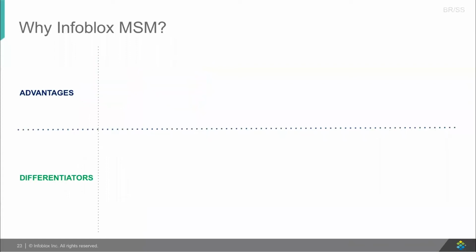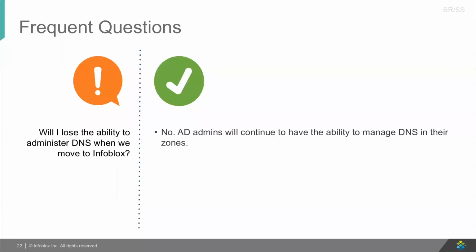Before we go to our questions here, there was a question from Jeff. Was there a limitation on the number of Active Directory forests the grid could synchronize with? Steve, any thoughts on that?